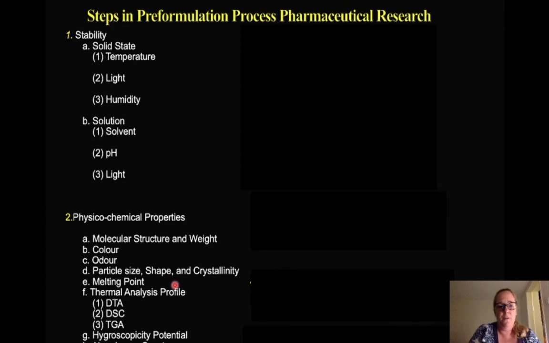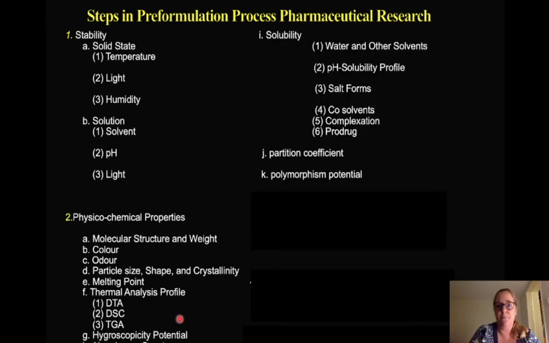The melting point is also important, and the thermal analysis profile, through something called DTA, DSC, and TGA. The hygroscopicity potential, and also absorbance spectra, so things like UV or infrared. The solubility can be checked in water or dissolved in other solvents like alcohol.